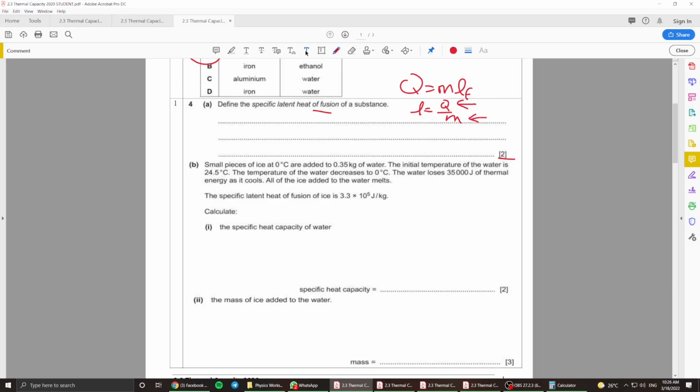The key word here is always without any change in temperature, guys. So make sure to include that.